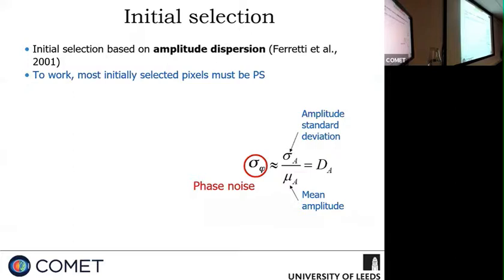For this method to work, most initially selected pixels must be PS, so you need to be fairly stringent in your selection. The amplitude dispersion is nothing else than, through time, the standard deviation of the amplitude divided by the mean amplitude. So you want to have points that have a consistently high amplitude.